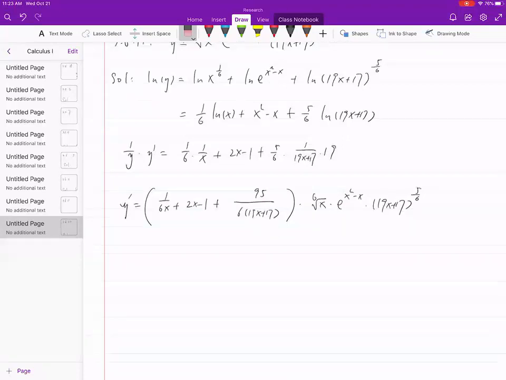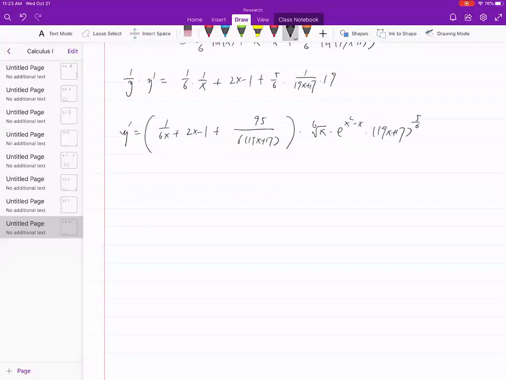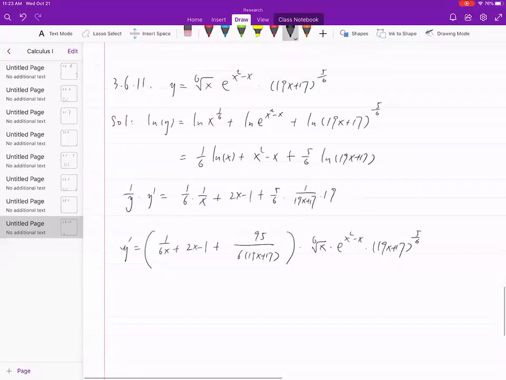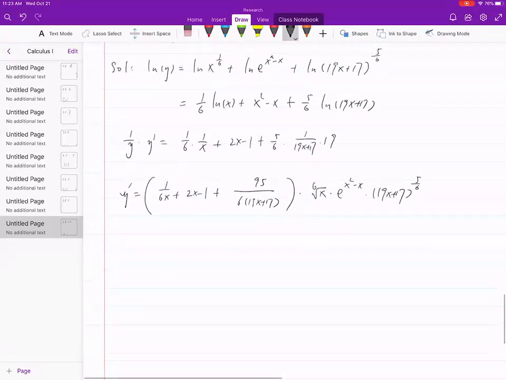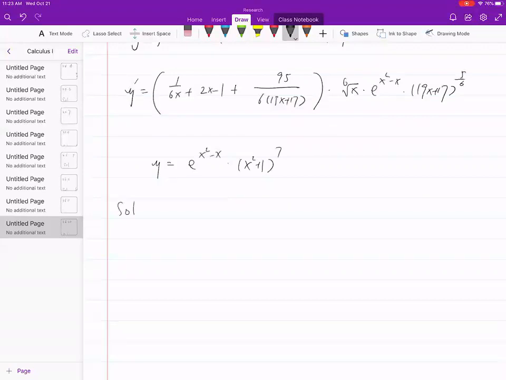Other questions from the homework? All right. Some question I received for a question like this. I will take an easier example. Something like this. Now we know we can take the log.